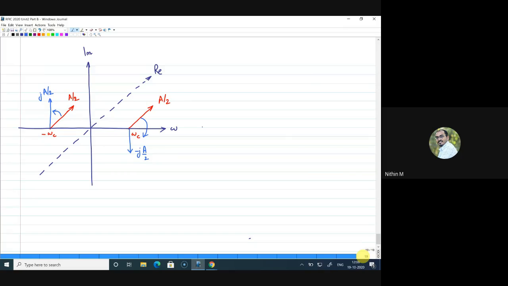Okay, all right. So basically, the shift by 90° can be represented using something called the Hilbert transform. Just to illustrate, say we have a sine wave.